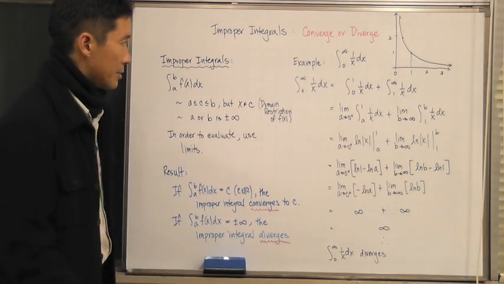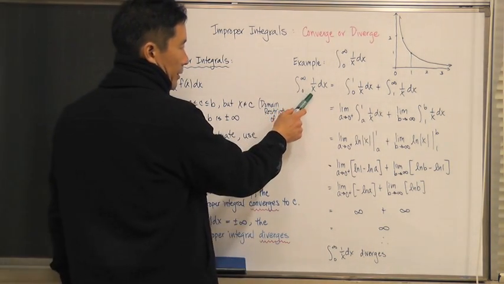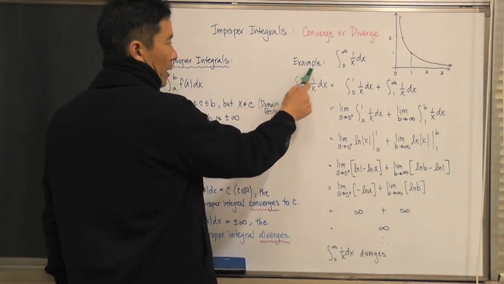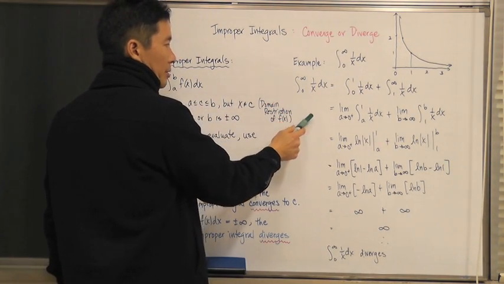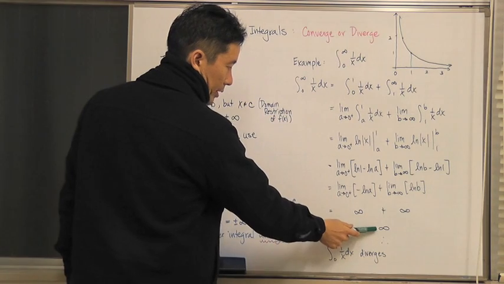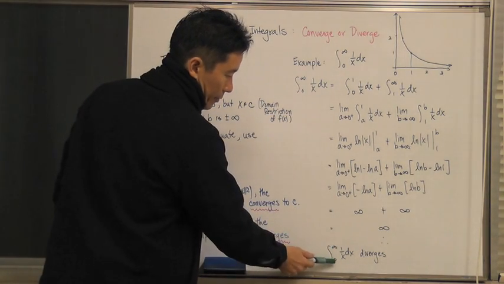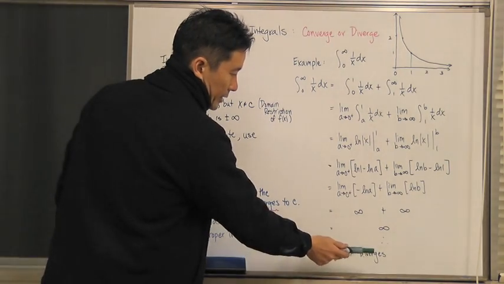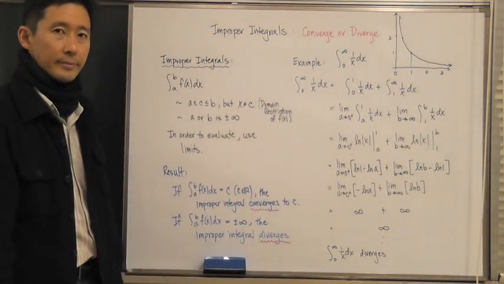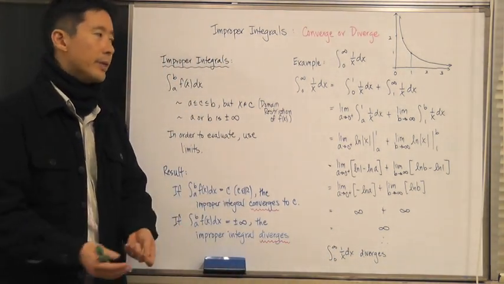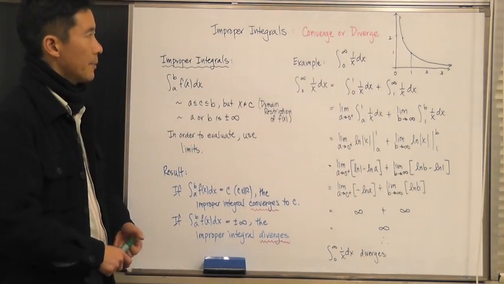So we've been able to determine what this improper integral yields, and it's yielding infinity. And the result is that this integral from 0 to infinity of 1 over x dx diverges.